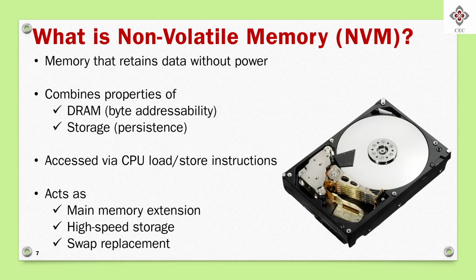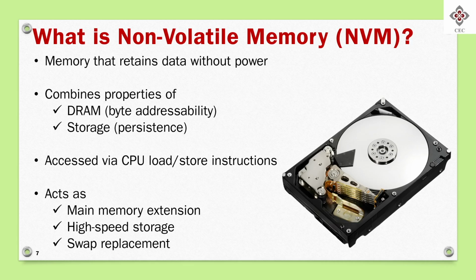So, what is non-volatile memory? It is memory that retains data without power. Even without power you can have the data in the memory. We can say it combines the properties of dynamic RAM, where we can access a location by using the byte addressing method, with the persistence of disk storage.